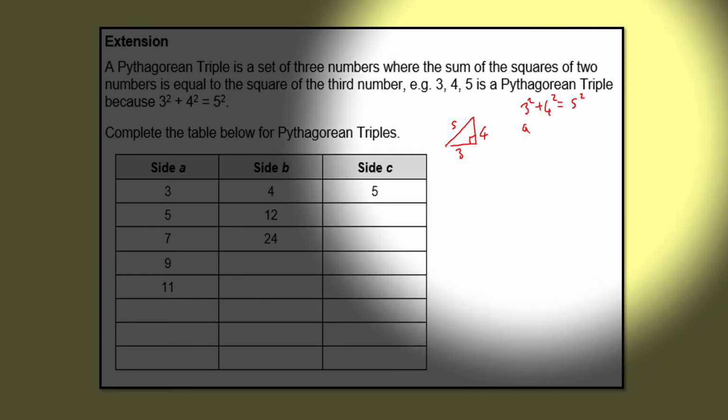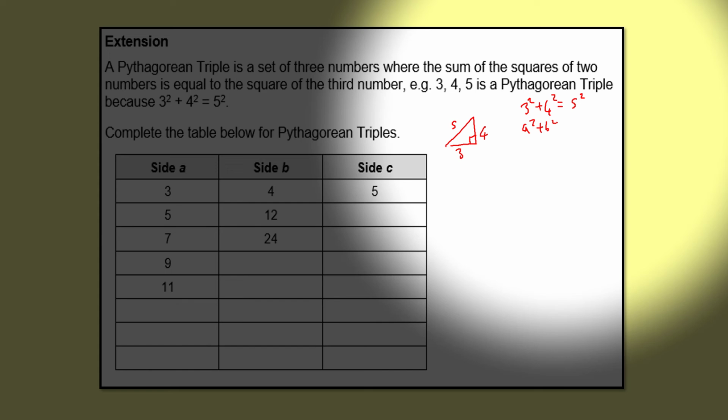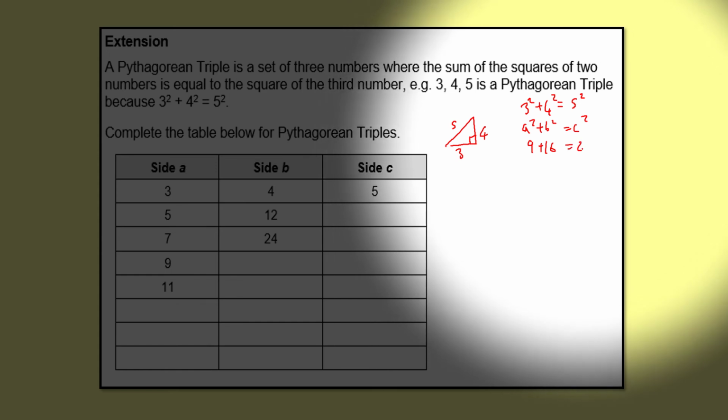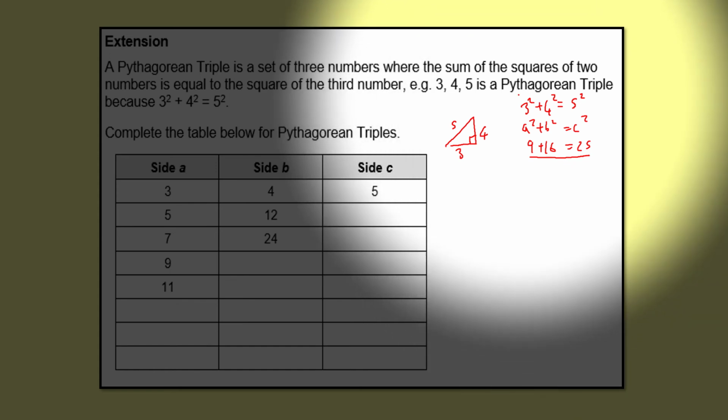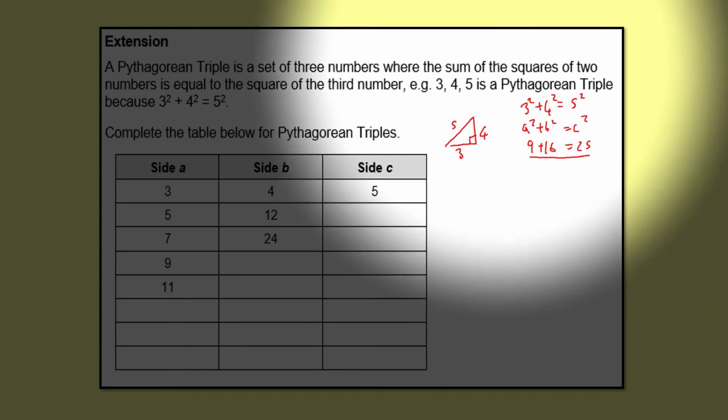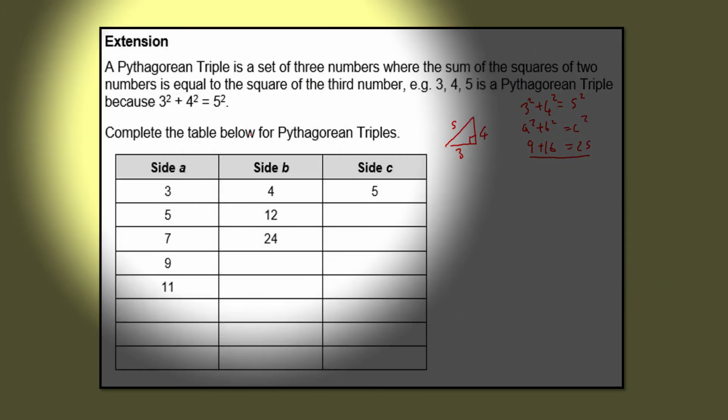Right? Because that's a squared plus b squared equals c squared. So you could see, because that's 9 add 16 equals 25. You substitute numbers in and that works. So that is a right angle triangle, which is a question that could be asked, and that is a Pythagorean triple where the sum of the two squares equals the third number squared and they're all integers.